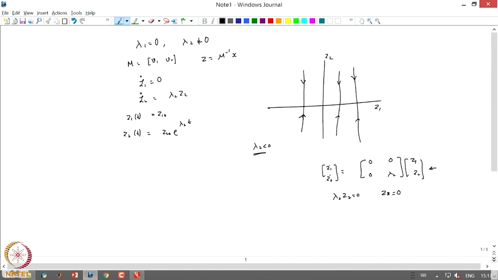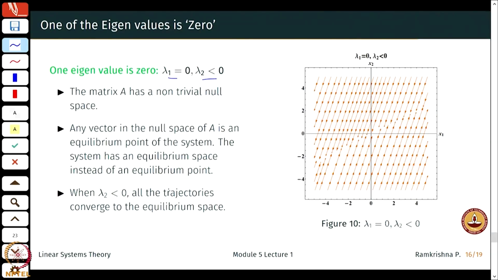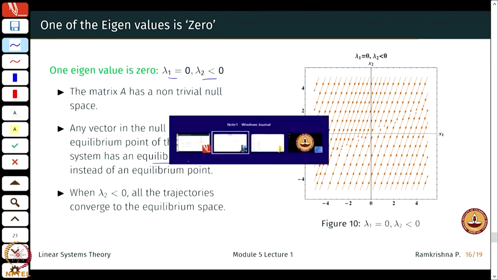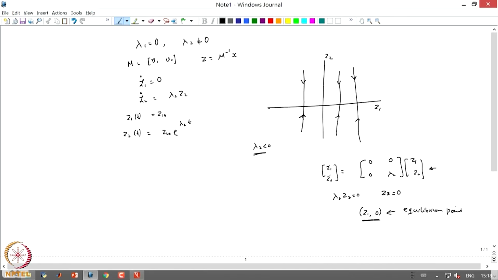So any point of the form z1 comma 0 is an equilibrium point of the system, or in general here I will have an equilibrium space instead of an equilibrium point. Take any z1 with z2 equal to 0. So 1 comma 0 is an equilibrium, similarly 10 comma 0, minus 10 comma 0 and so on.